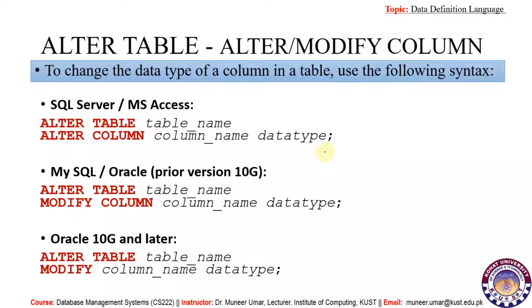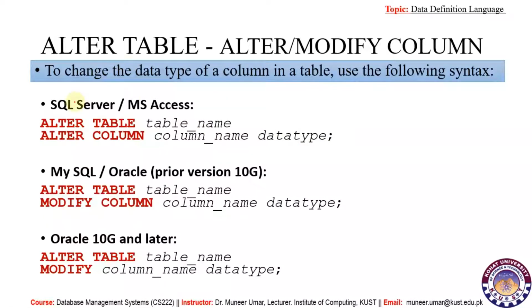For altering columns or modifying columns, we have the same alter table query, but note one thing here: in most of the DBMS, the queries are slightly different for modifying columns.